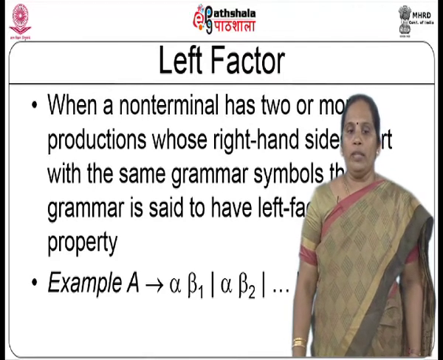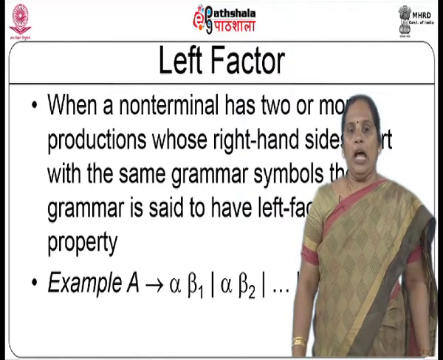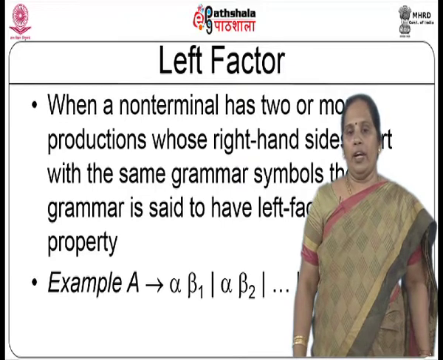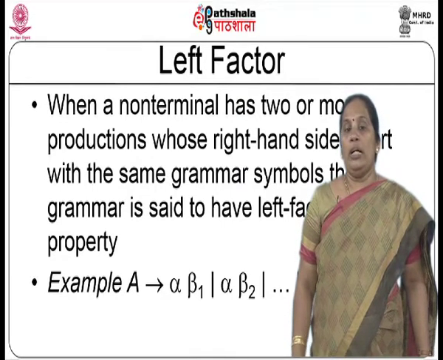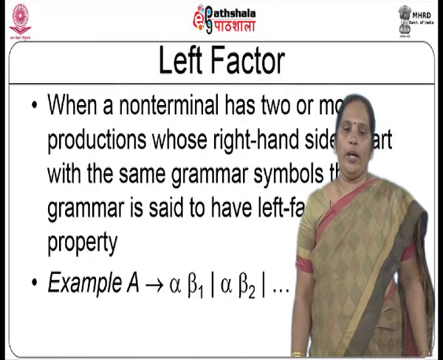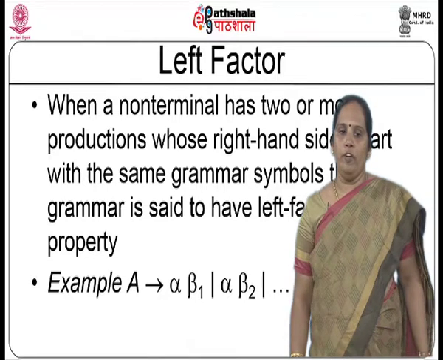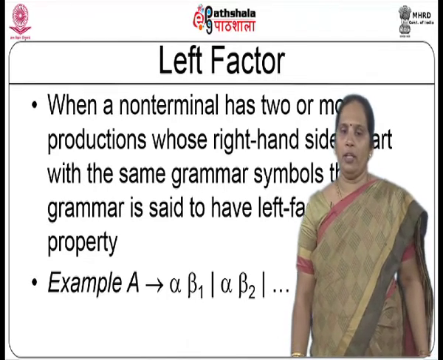Now, the problem with left recursion is it becomes a left heavy grammar as against a right heavy grammar. Again, the same issue I just mentioned with reference to left factoring. That is, when I have A alpha 1 or A alpha 2, till I see alpha 1 or alpha 2, I do not know whether I have to substitute with A alpha 1 or A alpha 2. So, we have to remove left recursion and we have to left factor a particular grammar.